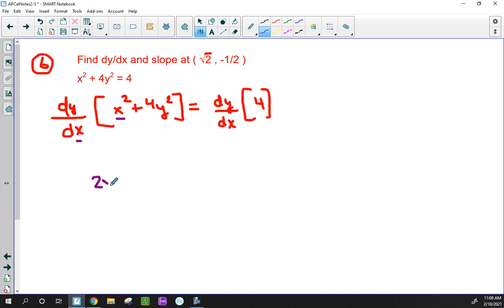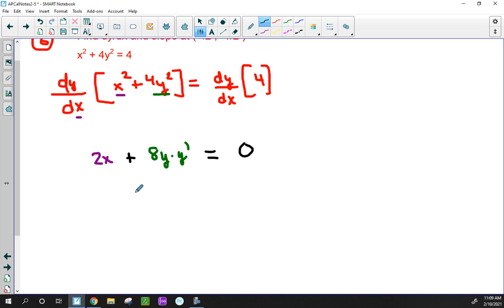That would be 2x. Find the derivative of y with respect to x of 4y squared. That would be 2 times 4, 8, y to the first times the chain rule, y prime. Equals. Derivative of y with respect to x of a constant is 0.